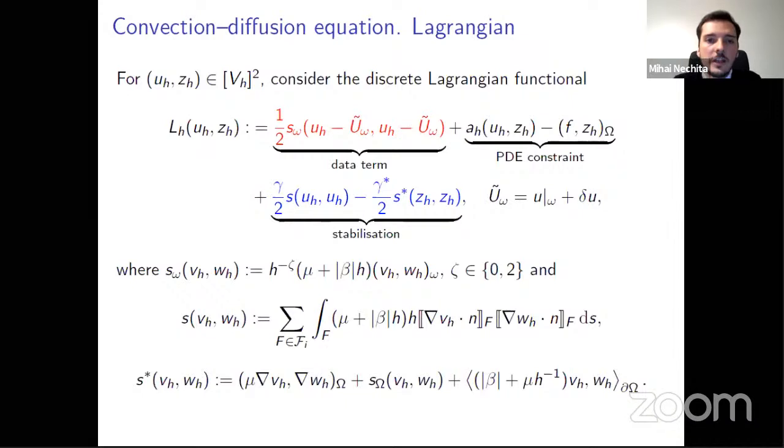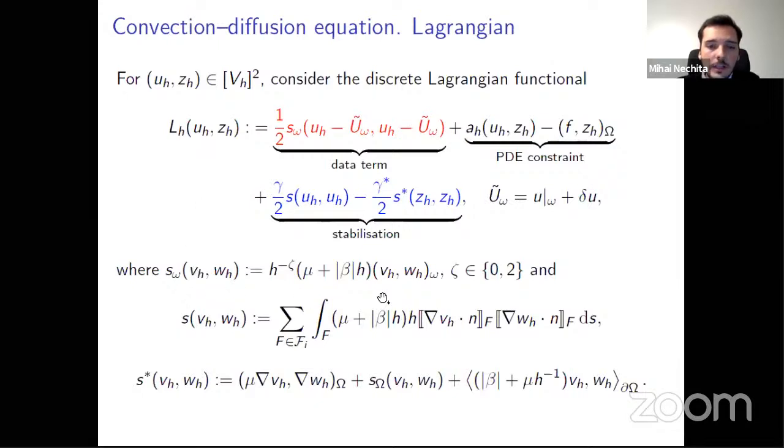So functions that vanish on the boundary. In this case, we just took the same piecewise defined finite element space, which means that now in the stabilizing operators, some boundary terms will appear.